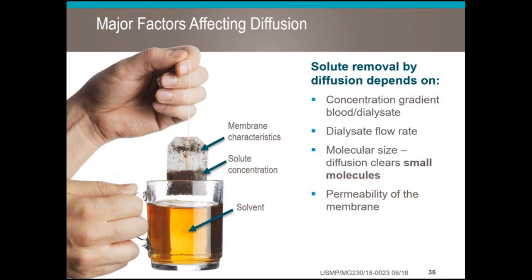There are many factors that affect diffusion. The concentration gradient is one of the primary ones. The stronger the concentration gradient that you create, the more solutes, or the quicker the solutes, you're going to clear. For example, for that patient on the previous slide that had a potassium of 6.8, if you hang a 0K potassium, you're going to clear solutes much more quickly than if you hang a 4K potassium because you're creating a much stronger or steeper concentration gradient.